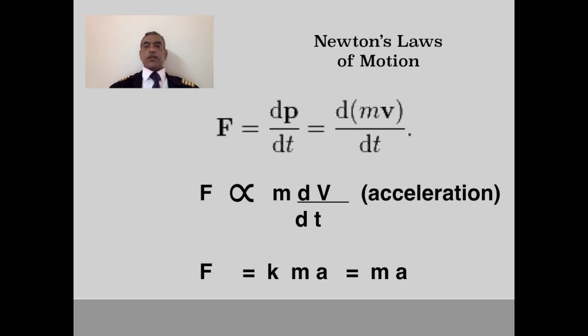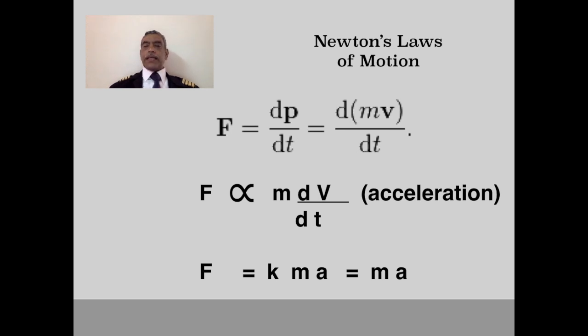But of course, the mass is not changing, right? Mass remains a constant in the physical world. So the whole thing will be written as mass into delta v by delta t. That means the momentum change takes place only in terms of the velocity of that particular object.